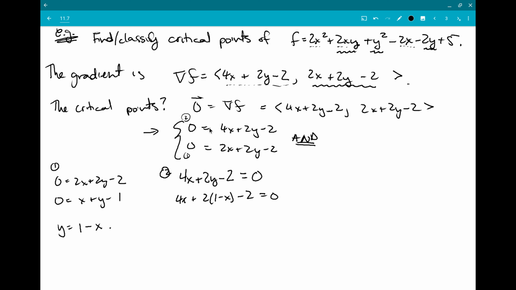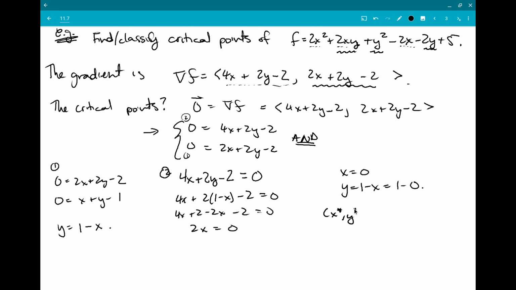If I try to solve this equation with y equal to 1 minus x, I know that they'll both be true. So this gives me 4x plus 2 minus 2x minus 2 equals 0. So that's just 2x equals 0. So that's just x equals 0. So I know x should be equal to 0. y is equal to 1 minus x, which is 1 minus 0.